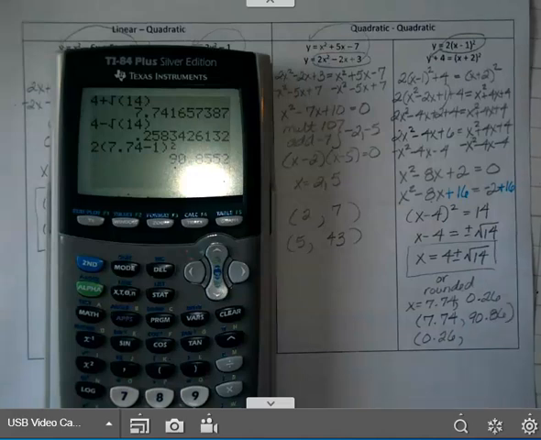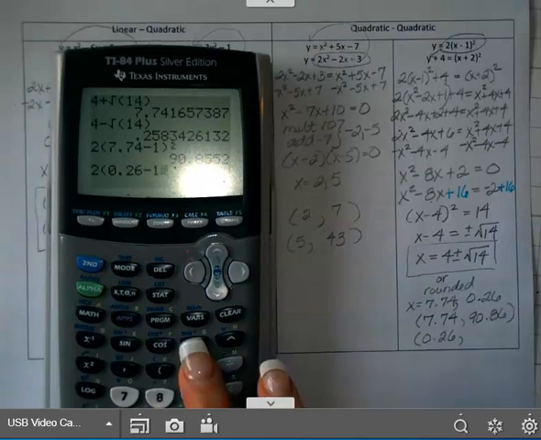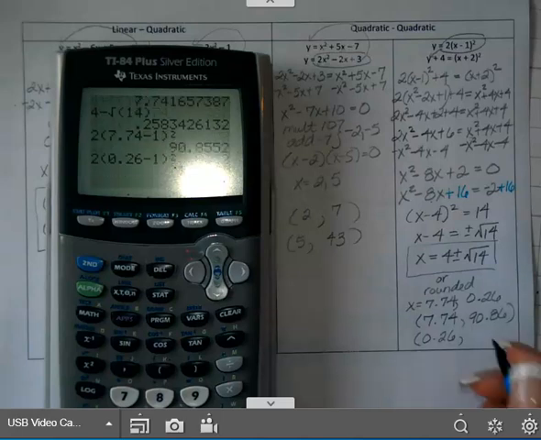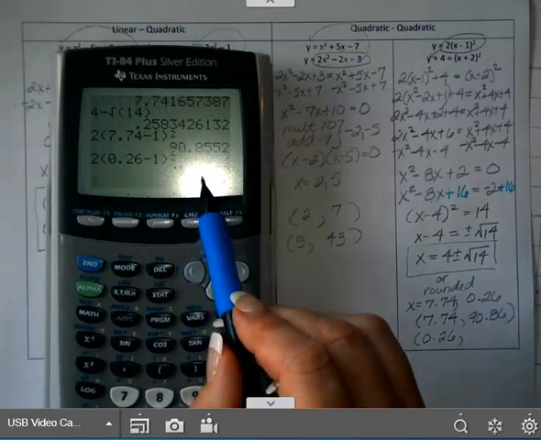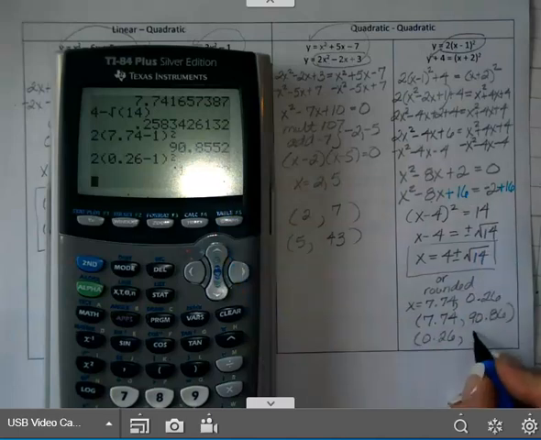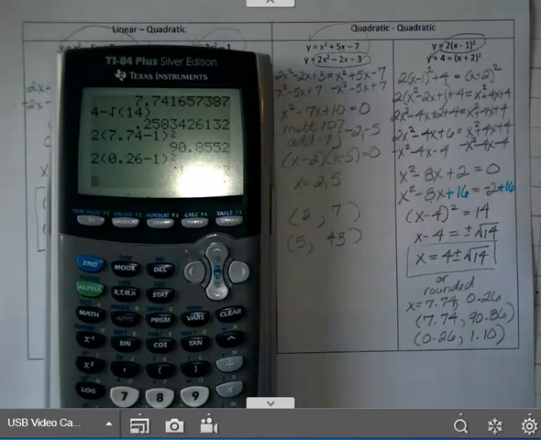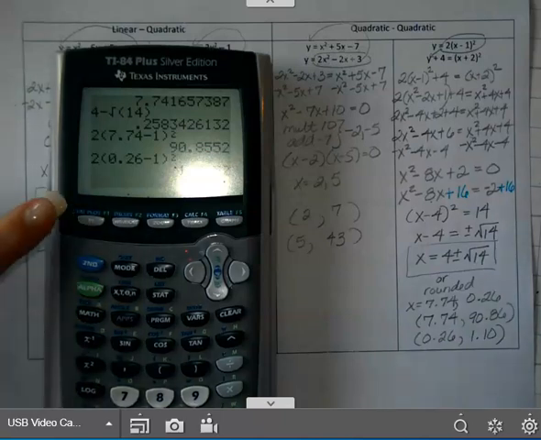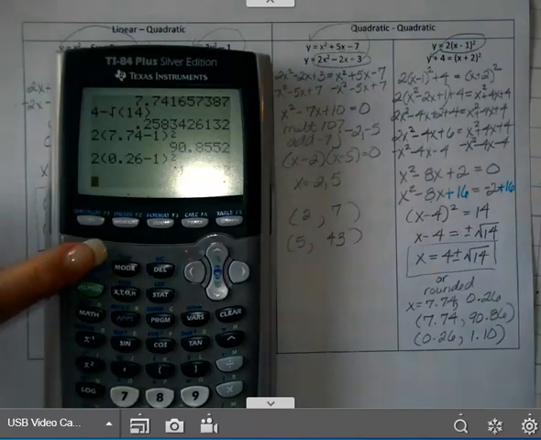And when I plug in the other one, 2 times (x, which is 0.26, minus 1) squared, I'm plugging it into the top for both of them. That gives me 1.095, so that would round to 1.10 if I'm going to the nearest hundredth. And that completes our long set of notes today. Sorry, guys.